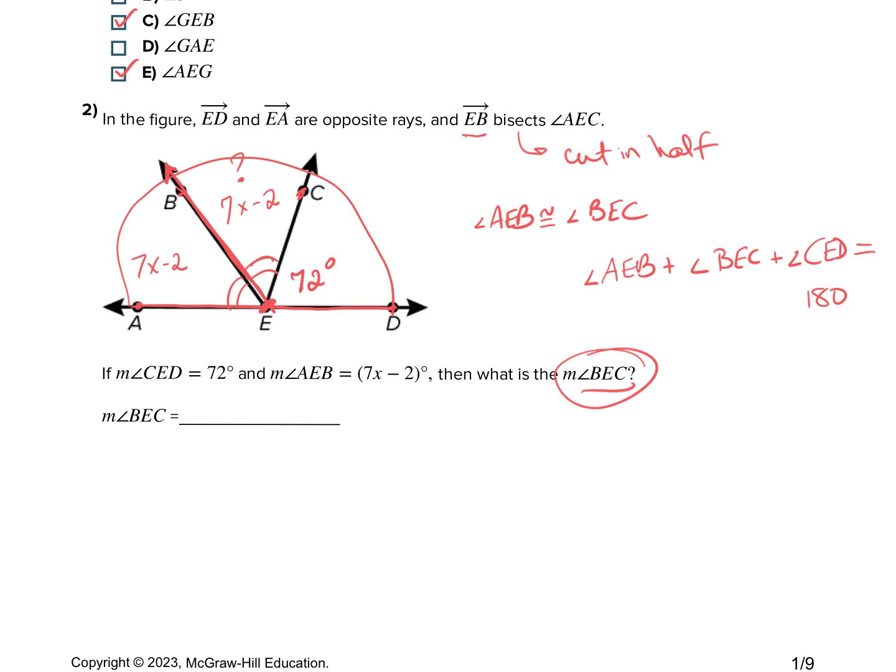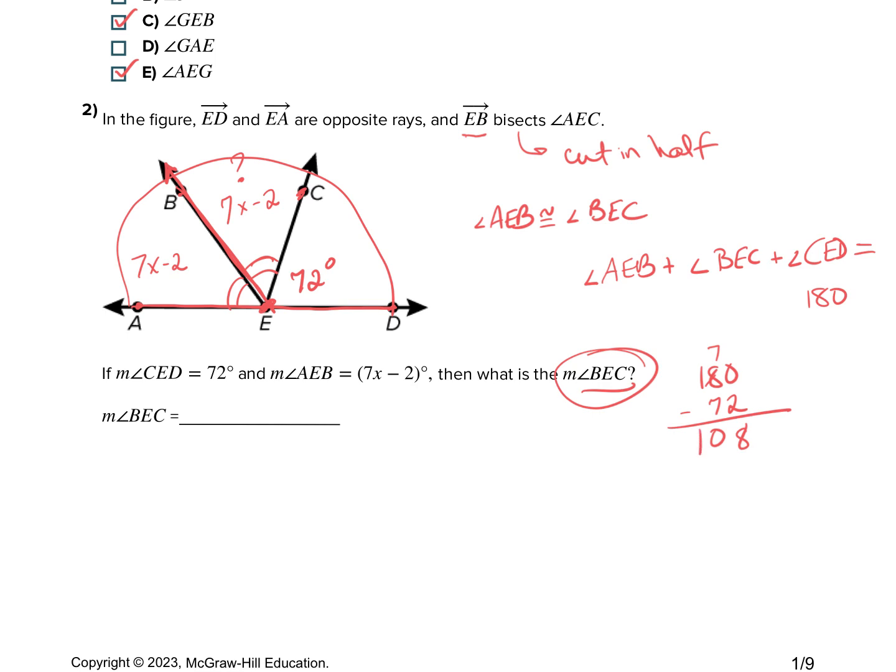I will go through the algebra for you, but remember, if everything's 180 degrees, and when I say everything, I mean every line, if I do 180 minus 72, I get 108.